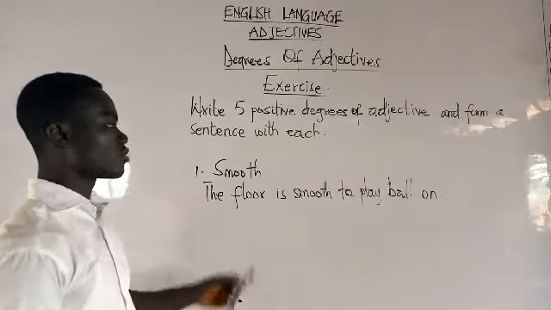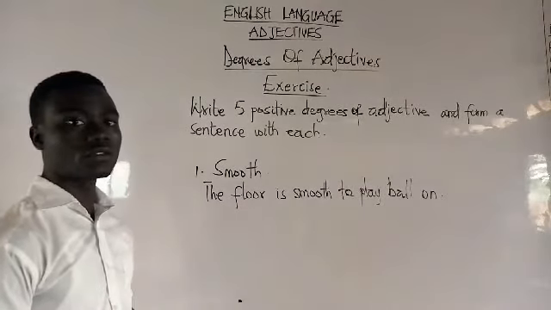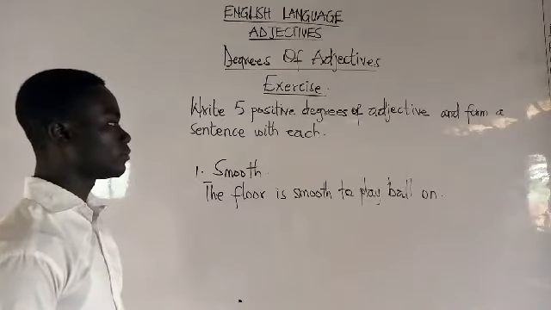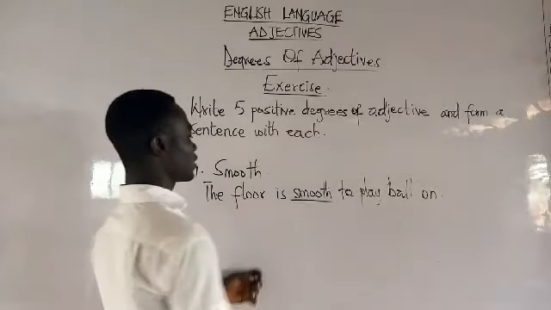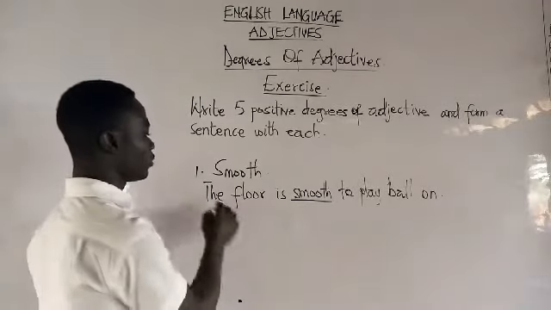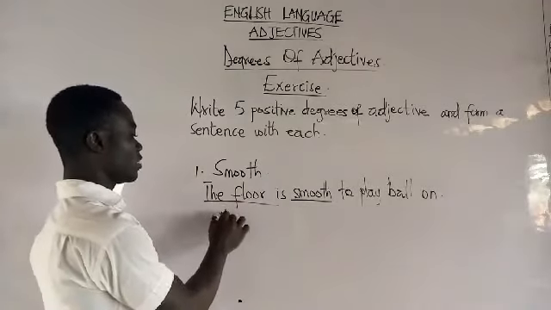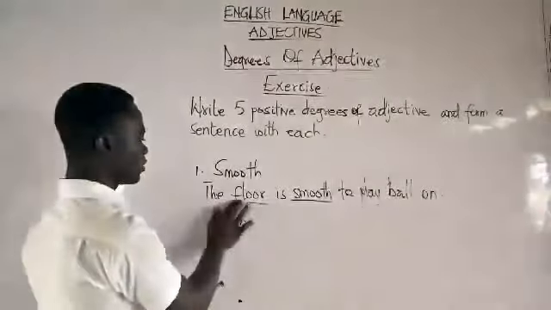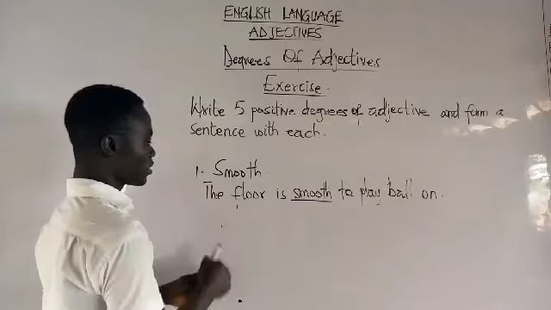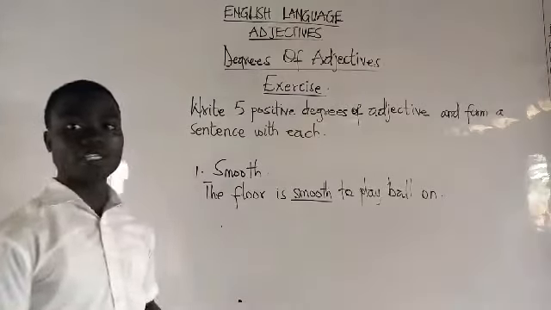So the floor is smooth to play ball on. So what is the adjective here? Smooth. And it is describing the floor. So this is a noun and this is the adjective. Please don't do this. Okay? I'm only explaining to you.